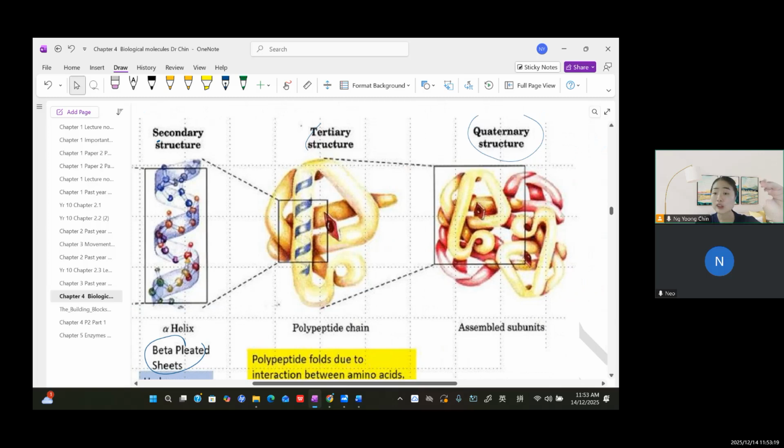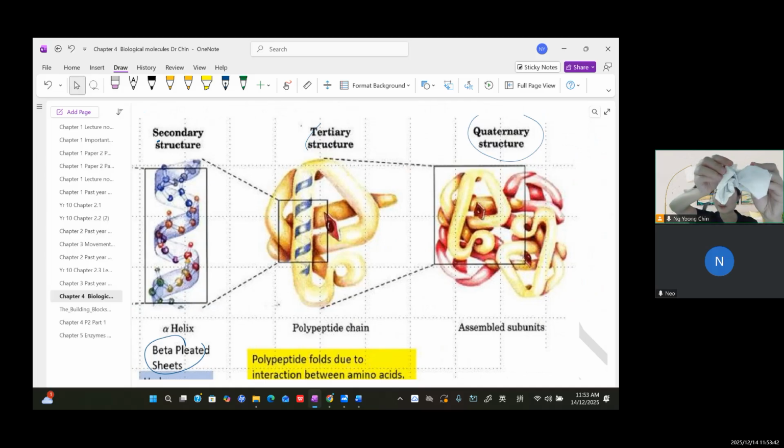So later, if you have another protein, another paper, and they join together, for example in this way, now they become a few polypeptide chains joined together. You have 1 and then 2 joined together, like this. So now they become what? Quaternary structure.